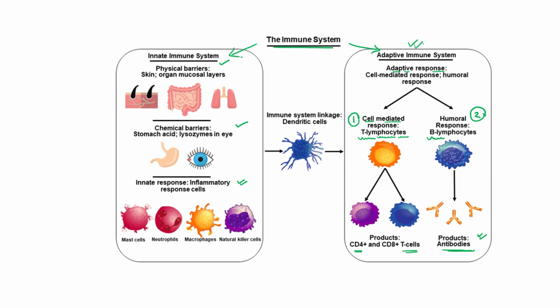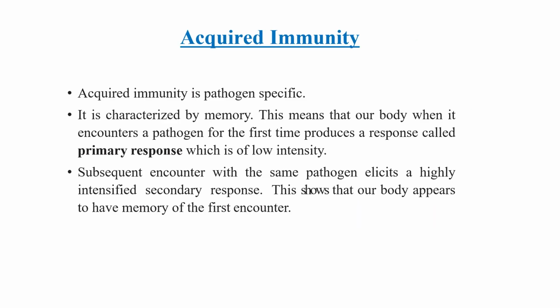Slowly our immune system recognizes the type of pathogen, and after some time our body is able to produce antibodies and a defense system against it. Acquired immunity means acquired after pathogen infection. That's why acquired immunity is pathogen specific, because it is characterized by memory.